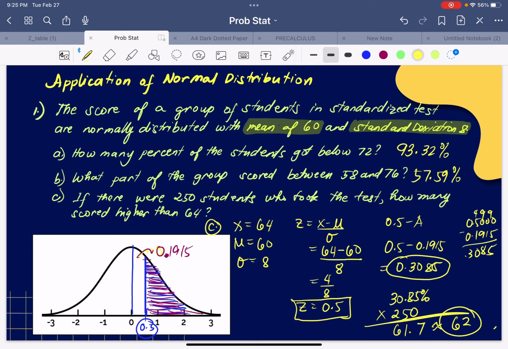Since it is the number of students who took the exam, wala namang 0.7 na student, di ba? So whole number dapat. So the final answer is 62. So there are 62 students who got higher than 64. So that's the way how you are going to apply the normal curve in real life situations.